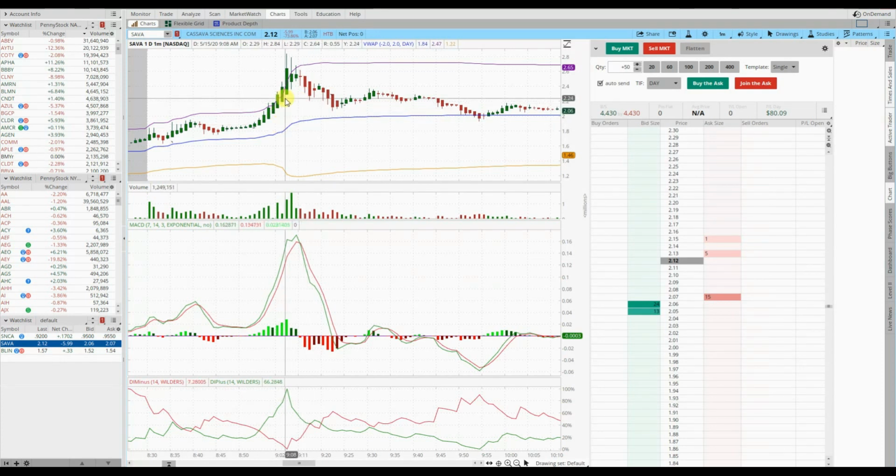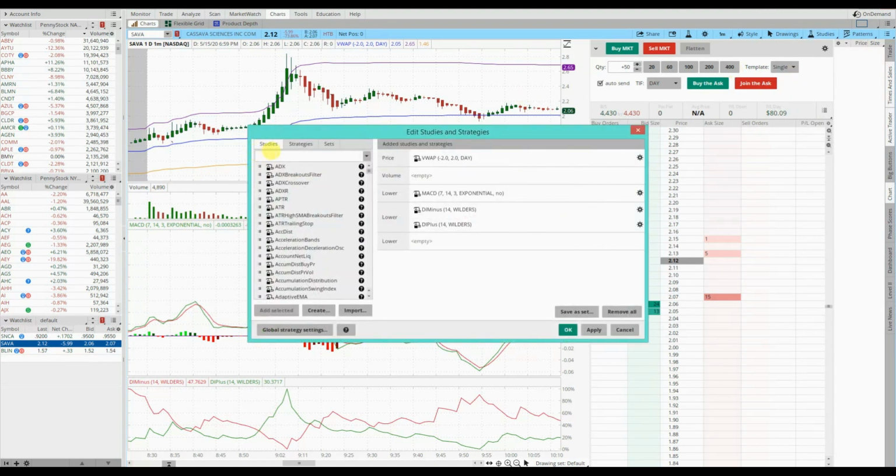The last one that I'm gonna add, that I don't have in here right now, will be a moving average. So let's go to studies, edit studies, and it's gonna be an exponential moving average.